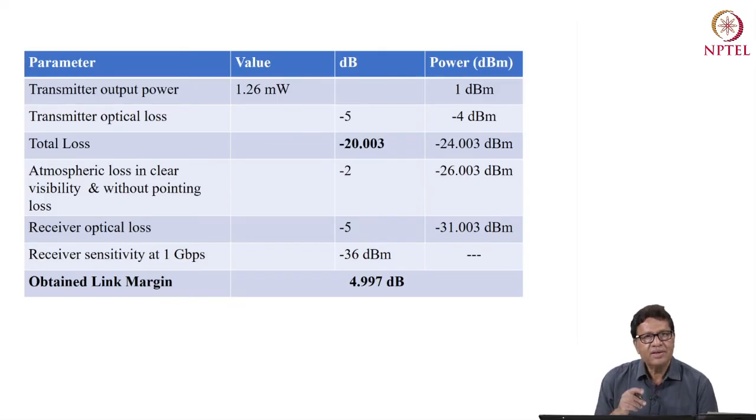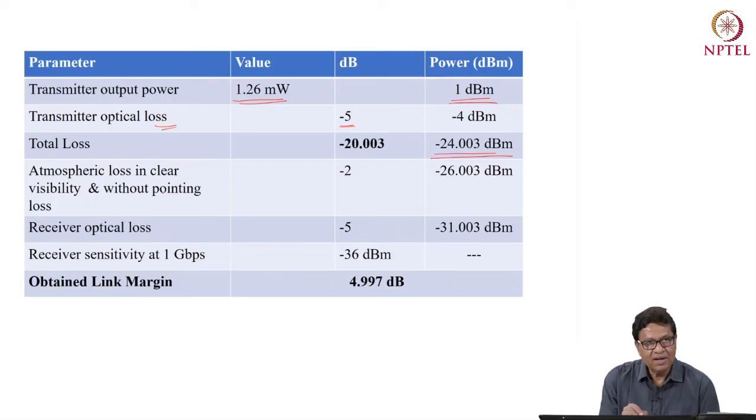Now, if I take a transmitter output power of 1.26 milliwatt, which is actually 1 dBm, and I assume there's an optical loss of minus 5 dB at the transmitter, in terms of dBm minus 4 dBm, the total loss will become, because earlier it was minus 20 in the last slide, then this gets added up, and what you get is minus 24.003 dBm.